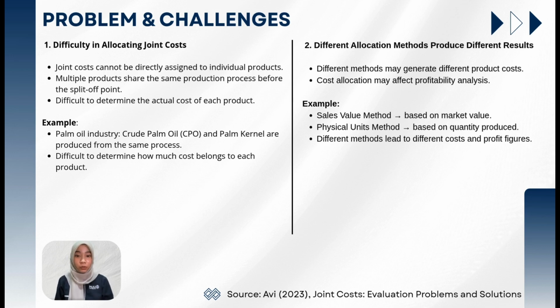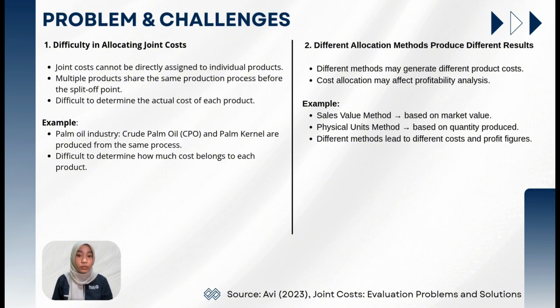For example, in the palm oil industry, fresh fruit bunches are processed to produce crude palm oil and palm kernel. Since both products come from the same process, it is not easy to determine exactly how much cost belongs to each product.